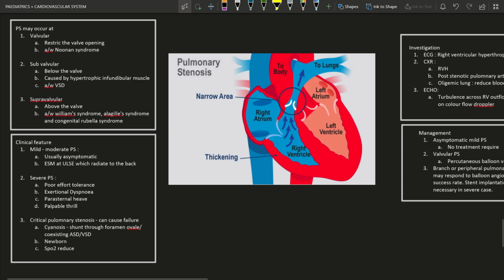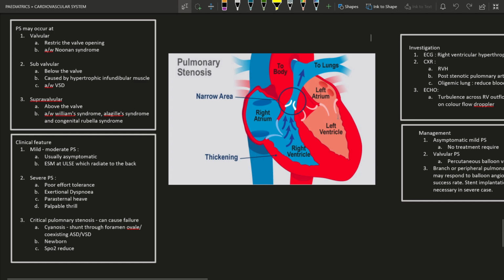Usually moderate and severe pulmonary stenosis is not presented with cyanosis, but in critical pulmonary stenosis, they will have cyanosis. In the newborn, as you all know, the foramen ovale needs some time to close, so the blood from the right atrium might shunt to the left atrium.